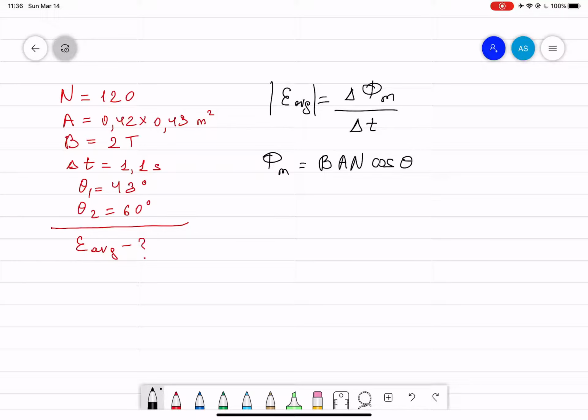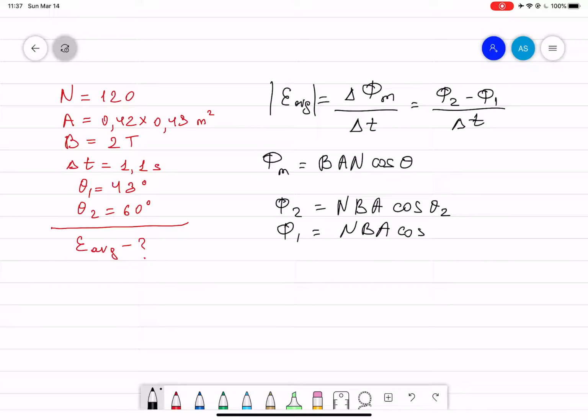So that means you can say that this is flux 2 minus flux 1 divided by delta T. The flux 2 is equal to the number of turns, B, area, cosine theta 2, and flux 1 is equal to N B A cosine theta 1. Now, how can we find the theta?